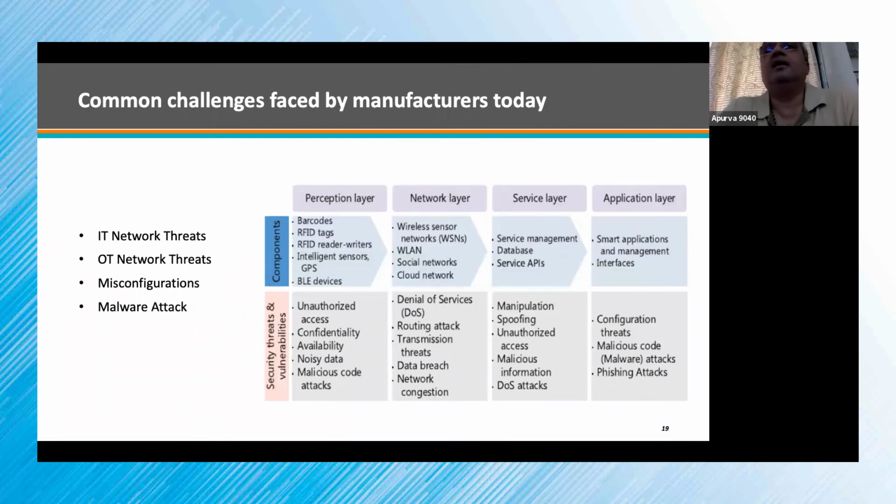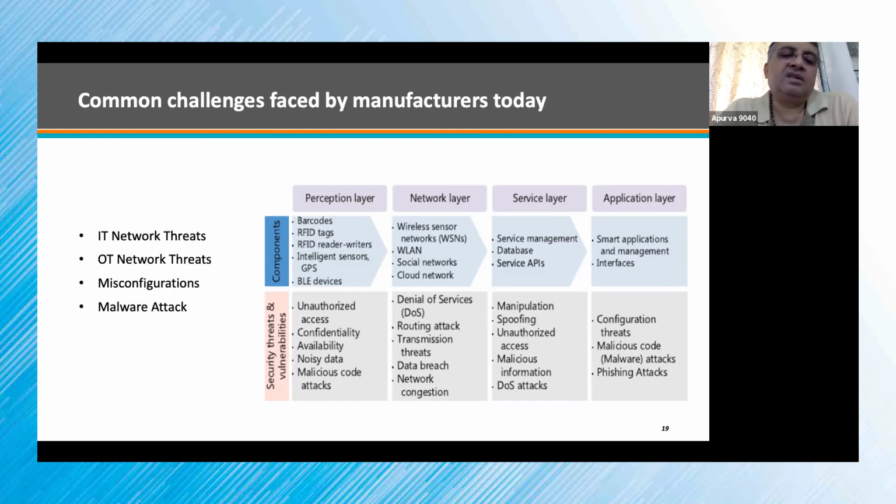So humanly, it is not possible to walk around so many kilometers and look at all the assets deployed. So that's where RFID tags or intelligent sensors are deployed, so that you can remotely monitor them and look at your assets.